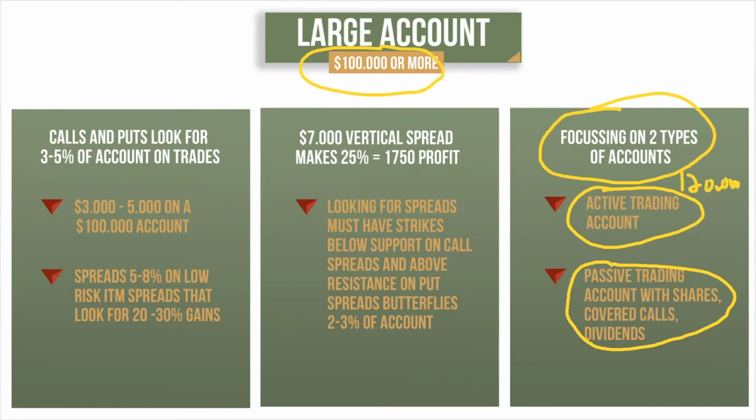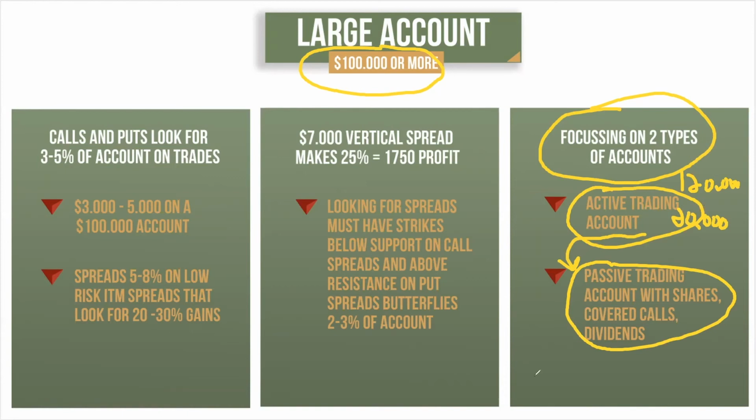Okay, so if you made a $20,000 profit, what I want you to do is be looking to put in anywhere from 25% to 40% into this passive account. Okay, because if you made $20,000 this week, multiply that by, let's just say 40%.